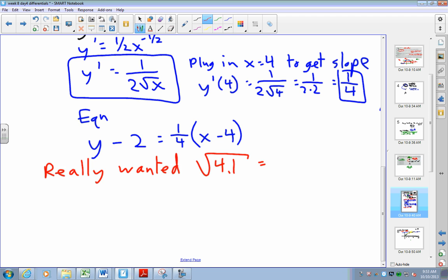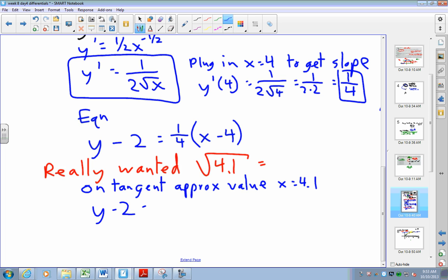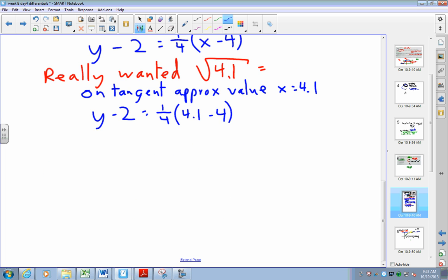No. But on the tangent line, the approximate value at x equals 4.1 is y minus 2 equals 1 over 4 times 4.1 minus 4. Can we solve that without a calculator?